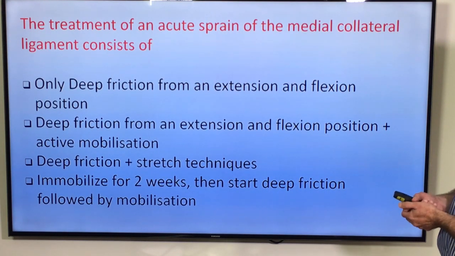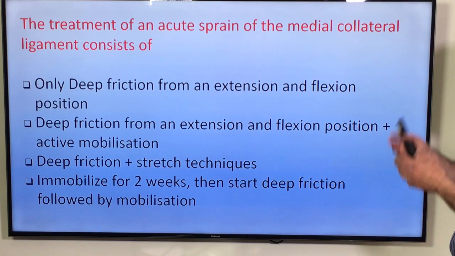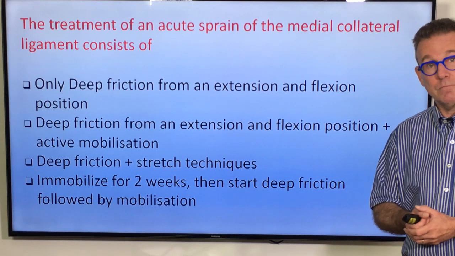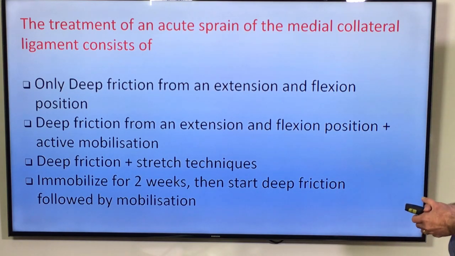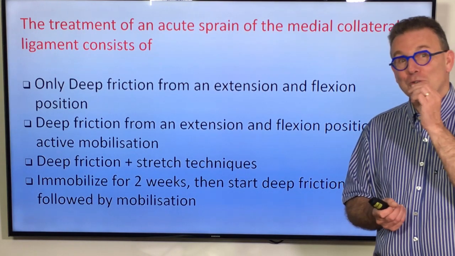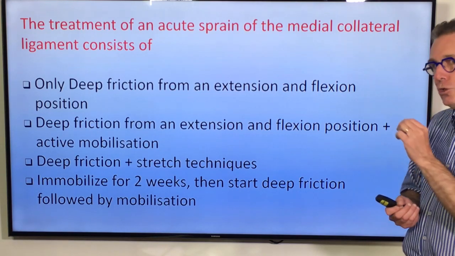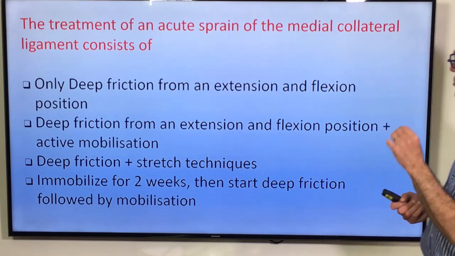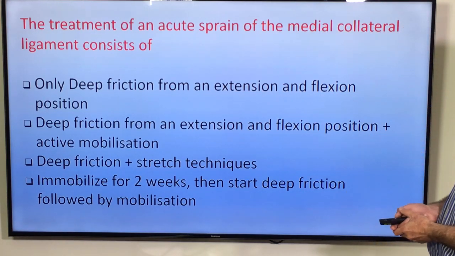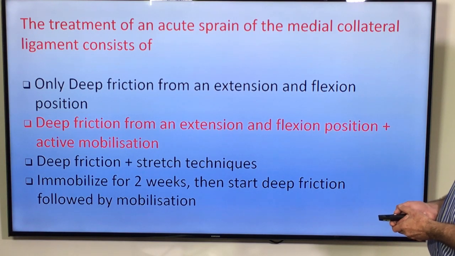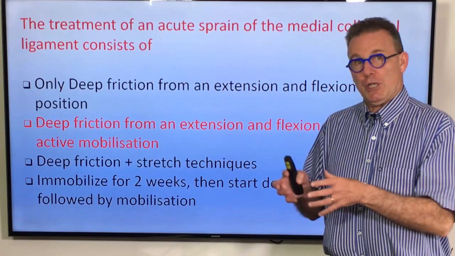The treatment of an acute sprain of the medial collateral ligament consists of, okay, pick a choice. The important word over here is acute, an acute MCL lesion. What are we going to do? Well, the second option. We are not going to stretch yet.